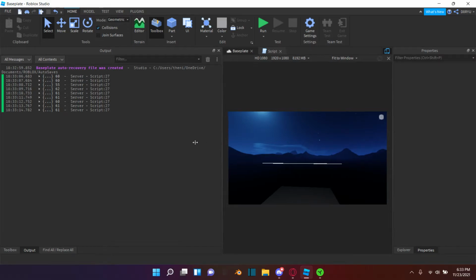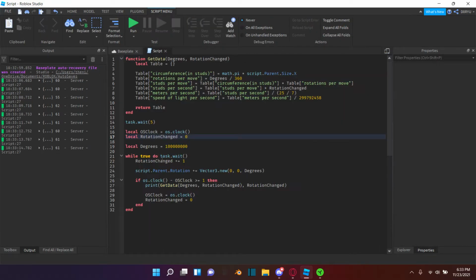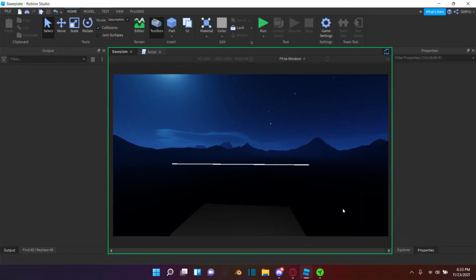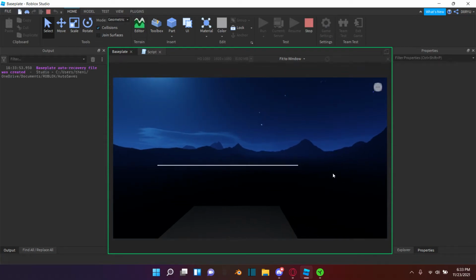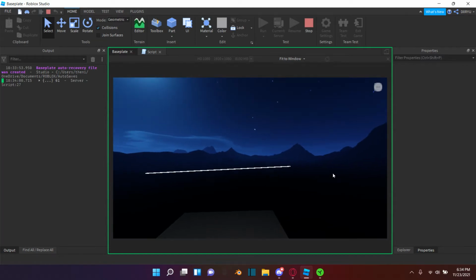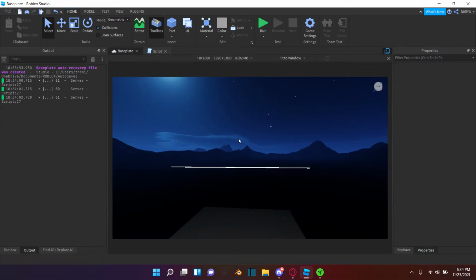Now, I've gotten this to go even faster. Like, it completely stops at 500 million. It stops mid-air and it just doesn't go anymore. As you can see, it stopped. And it's still going, but I think it's just going too fast where you can't see it. So I'm not going to do that.